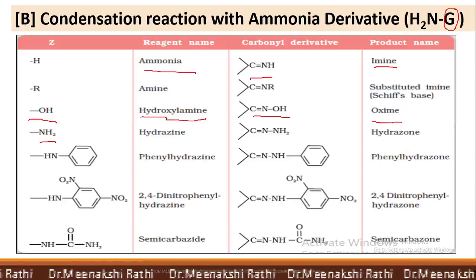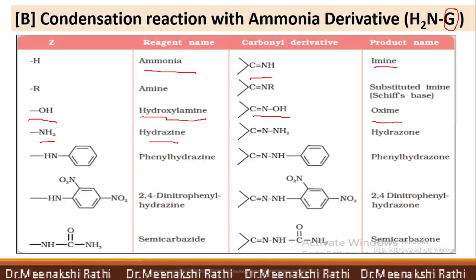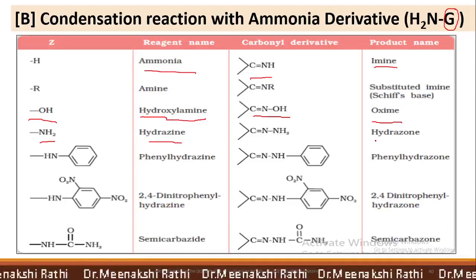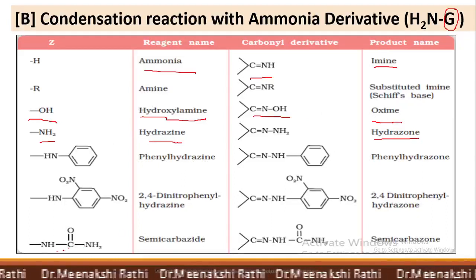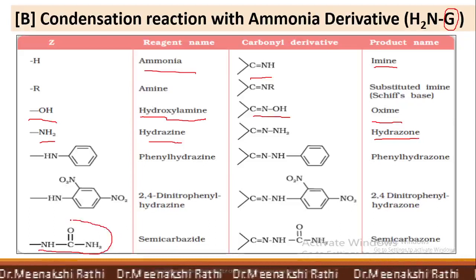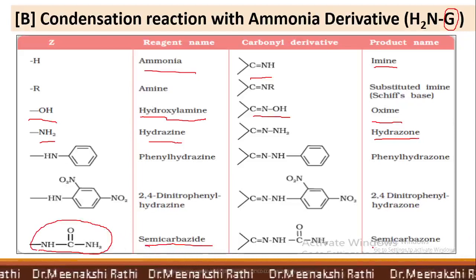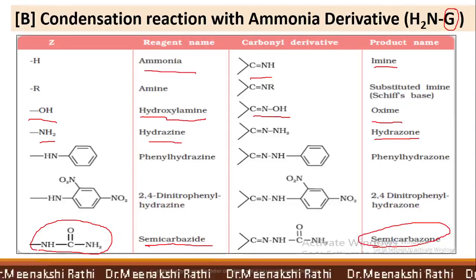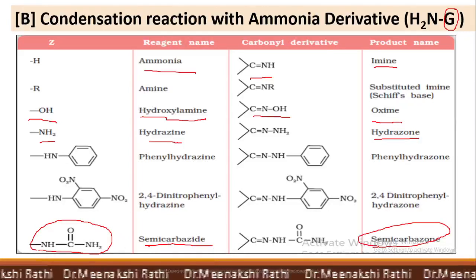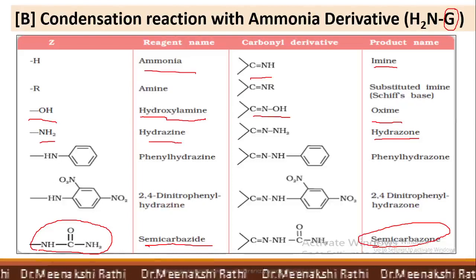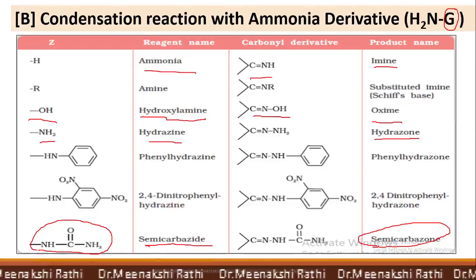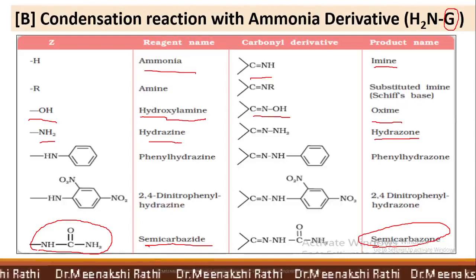When in place of G there is NH2, then it is hydrazine, and the product formed is hydrazone. In place of G, if it is NHCONH2, then it is semicarbazide, and the product formed is a semicarbazone. So all these are the condensation reactions of aldehydes and ketones with ammonia derivatives.